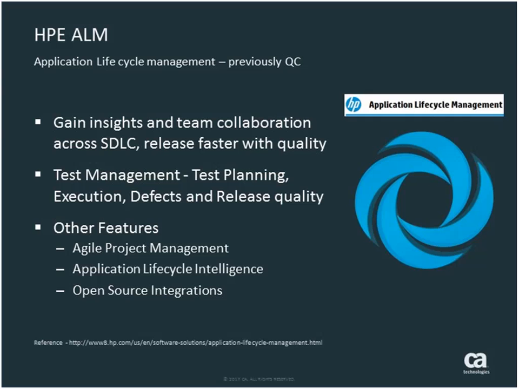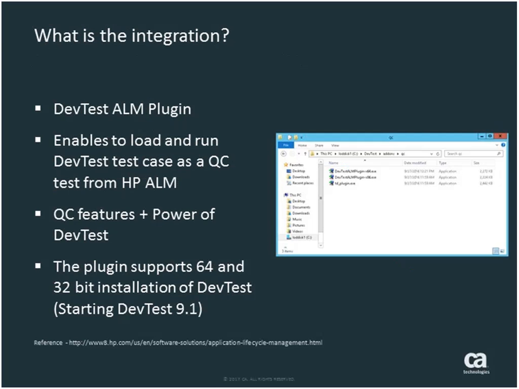I'm sure many organizations use HP QC to track defects and release quality. Some of the other features are project management, agile project management, lifecycle intelligence, and it also provides open source integrations. So that's a bit on HP ALM, and like I said, QC is used across organizations for tracking defects.